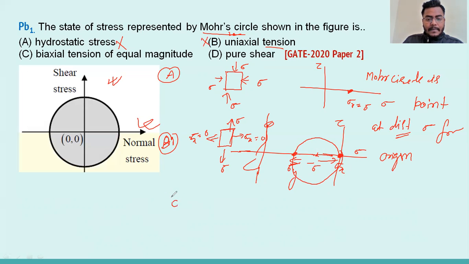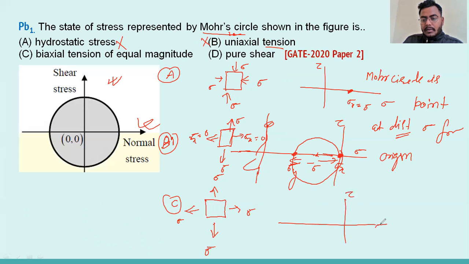Now option C, biaxial tension of equal magnitude. Biaxial means in both directions, and the magnitudes are the same. So it means we can say tension sigma, sigma in both directions. Let's draw the Mohr circle for this case. Tau, sigma. Here sigma x is minus because it is tensile, so it will come somewhere here.